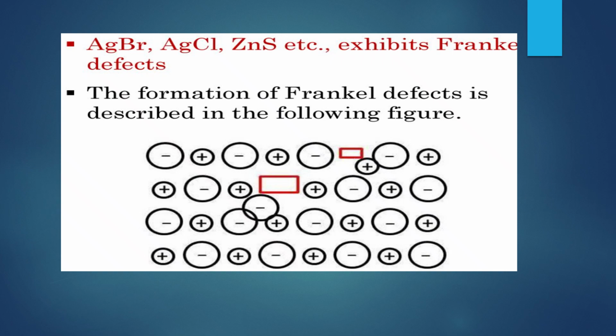This creates a vacancy where Ag plus was originally located. An Ag plus interstitial defect in a space within the lattice is created. The Frenkel defect occurs in AgCl because the cation Ag plus is small enough to fit into the interstitial space. The crystal maintains electrical neutrality because no charge is added or removed.